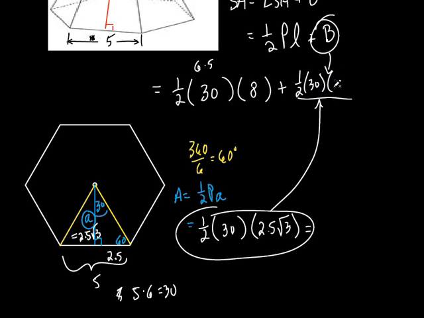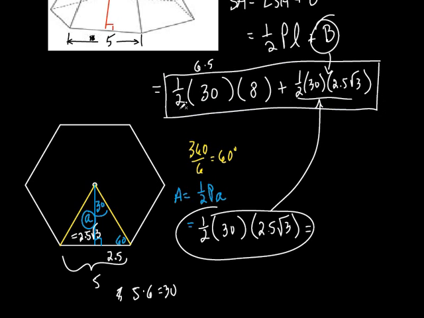Half of 30 is 15. It doesn't make any difference. All this stuff right here, I'm going to chuck into the calculator, and hopefully you get the correct answer. I'm going to look at the book, and their answer says 184.5. 184.5. And I don't know what the units are, centimeters, so it's area, so it's centimeters squared.